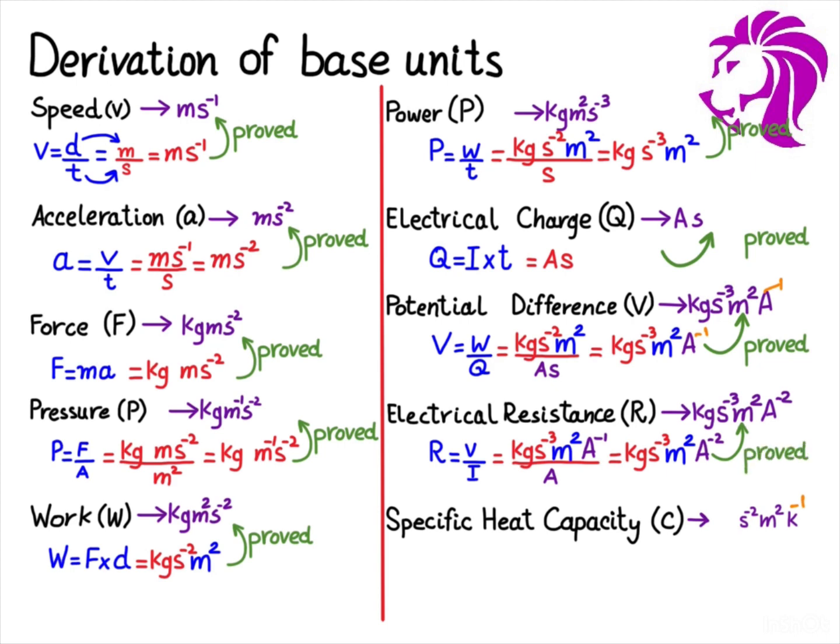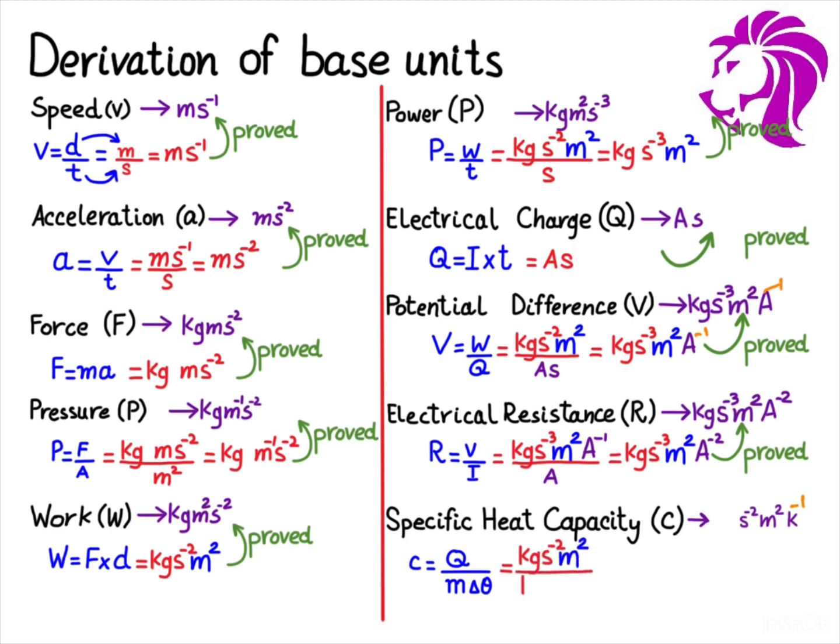Lastly, specific heat capacity. What is specific heat capacity? It is Q upon m delta theta, that is thermal energy upon mass into change in temperature. Thermal energy or any type of energy is basically the work done, and the unit of work done is kg m^2 s^-2, so I place that unit over here.